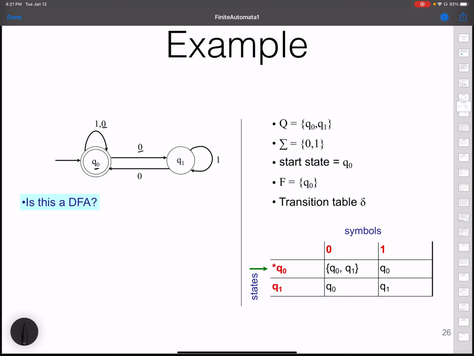If you are at Q0 and you see a 0, you can either stay at Q0 or go to Q1. This violates the requirement that at any time step you should be in exactly one state. Using this finite state, it is possible that at some point you will be at two different states. After seeing 1, 0, you can stay at Q0 or you can go to Q1.